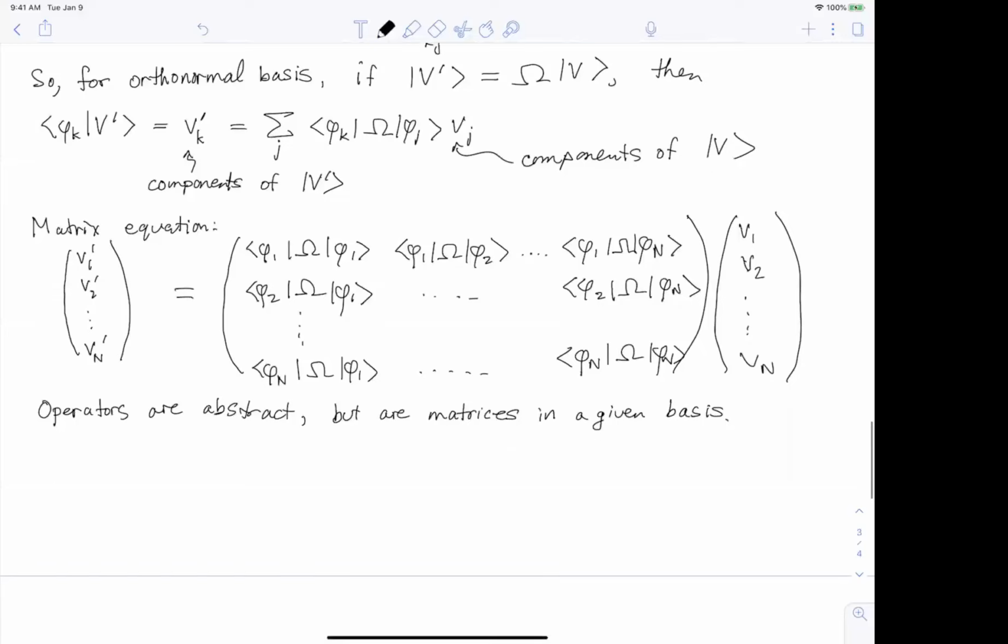So in any given basis, the operators become matrices. But if I choose a different basis, which we will do later, then they will be different matrices, even though it might be the same operator.